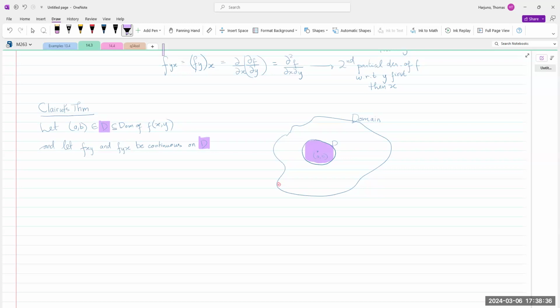Not only at that point, but on this disk. But remember, this may be very, very small. It's okay to be very small as long as it's not just a point.